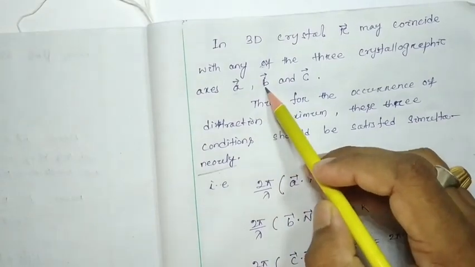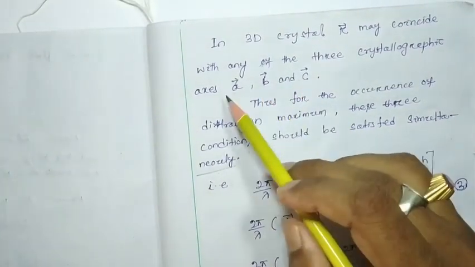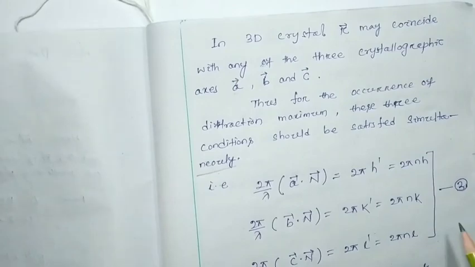Separately along A, B, C we can write three equations.